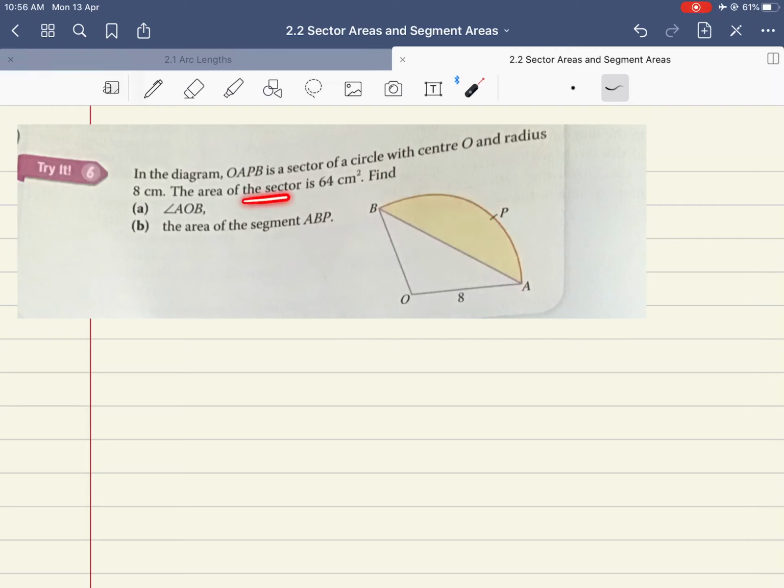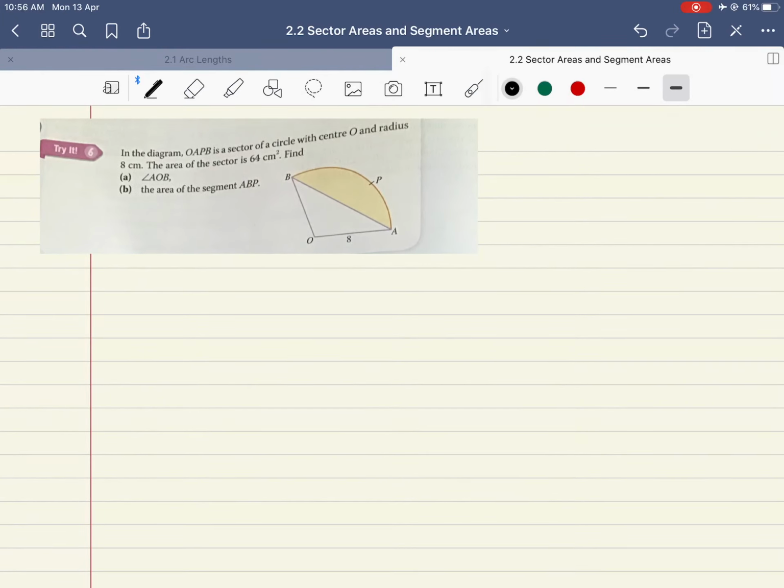First and foremost, they say that it is given that the area of the sector is 64 cm squared. So how do I make use of this piece of information? I just use the formula that we have just learned, where x, which is angle AOB, over 360 times pi times r squared is equal to 64.